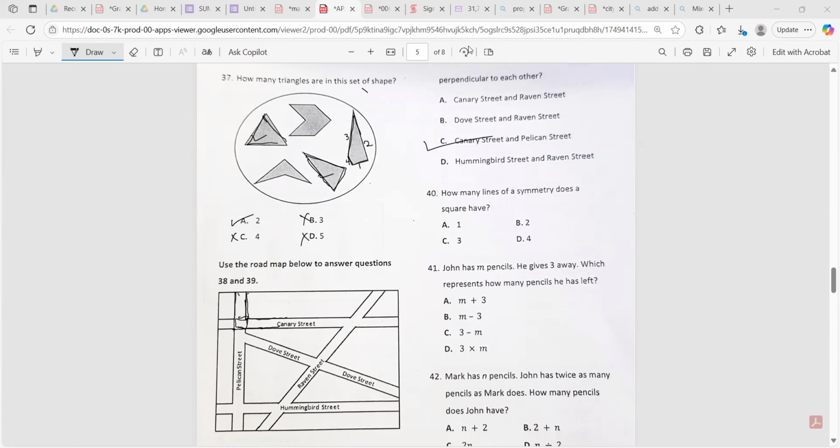I would say Canary Street and Hummingbird Street. Okay. Tristan. Which 2 streets would you say would be parallel? Hummingbird Street and Canary Street. All right. Zuri. Sir, I agree with all 4 of them. It's actually 5. All right. Agree, guys. Good job.